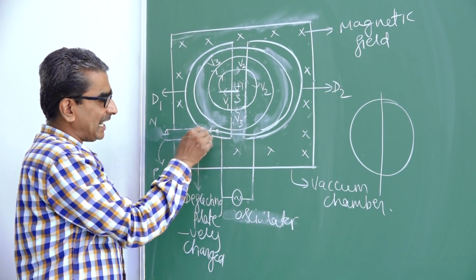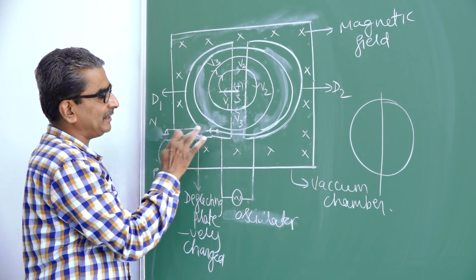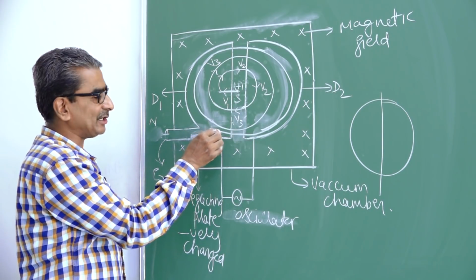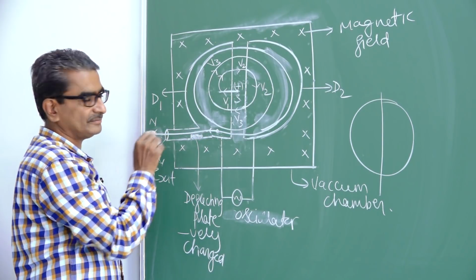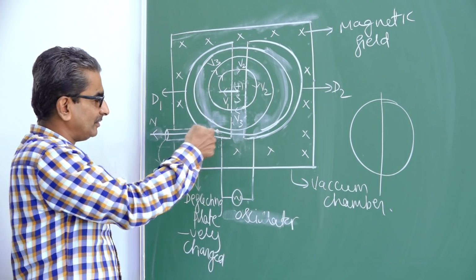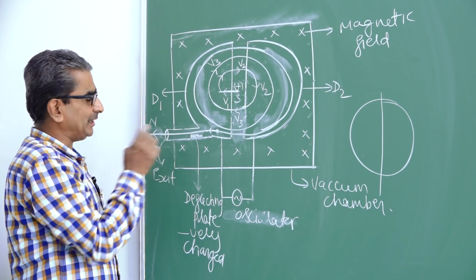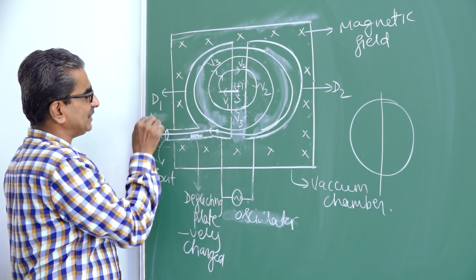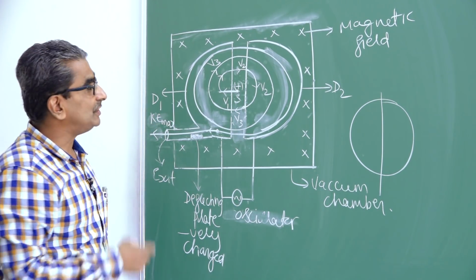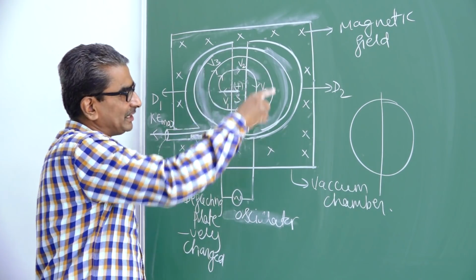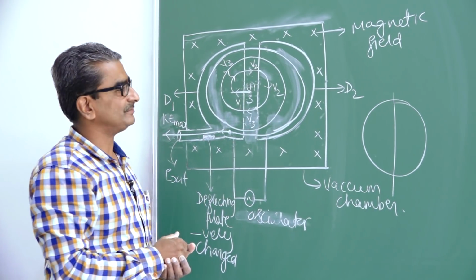So instead of getting attracted to this negatively charged plate, due to its high kinetic energy or high velocity, it is thrown out like this. Now finally we are able to get a high kinetic energy particle out of the D. So this is how the charged particle is accelerated.